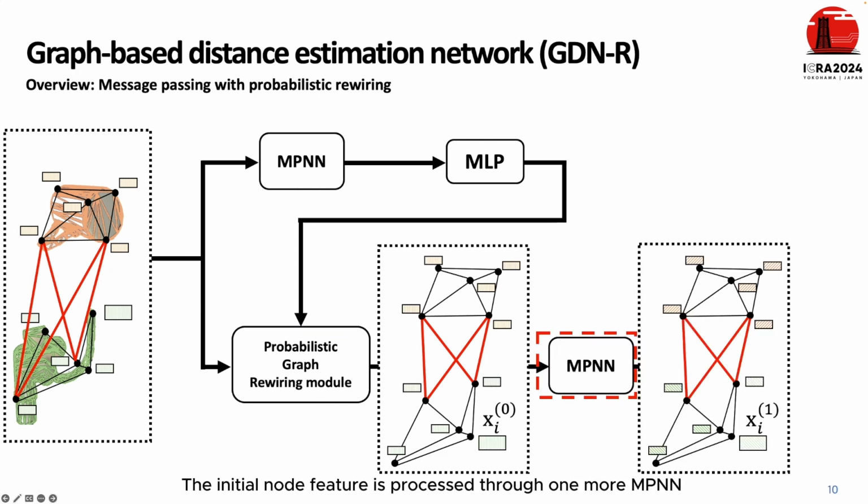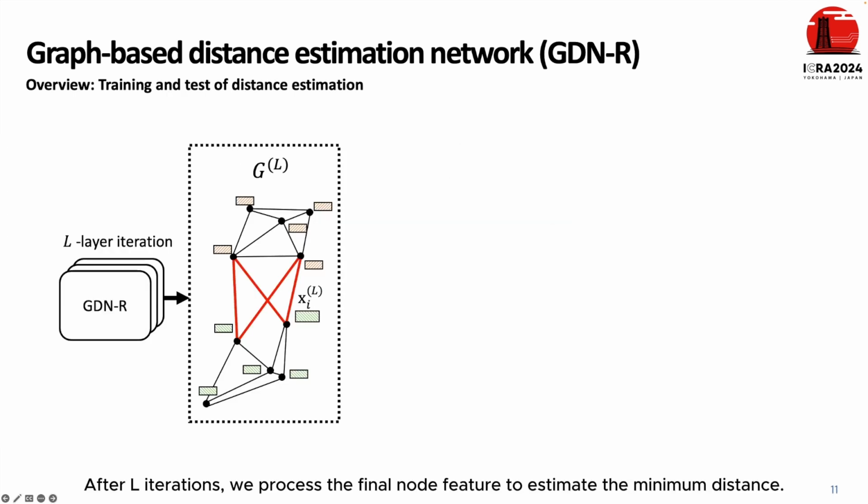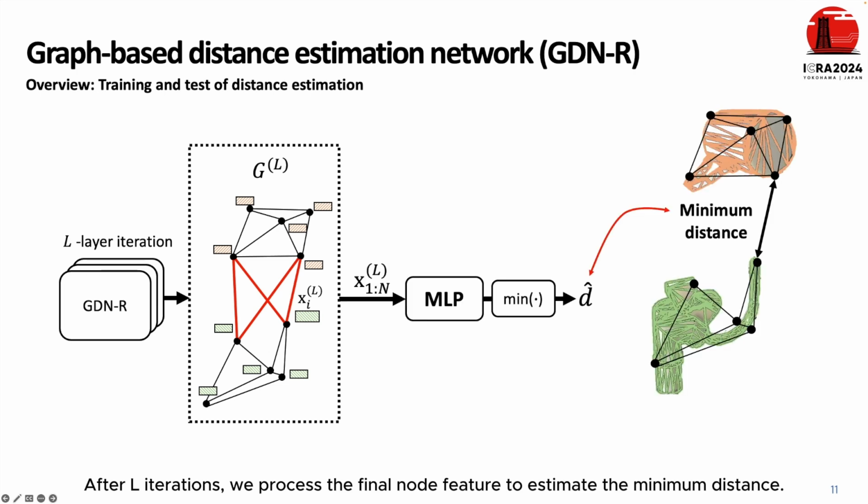The initial node feature is processed through one more MPNN with the rewired new graph for the node feature update. After L iterations, we process the final node feature to estimate the minimum distance.